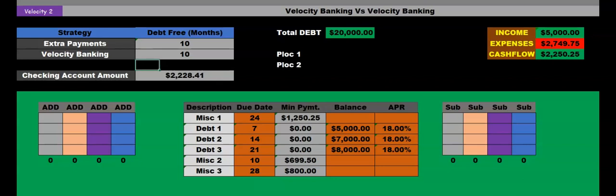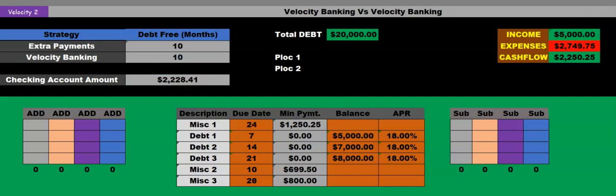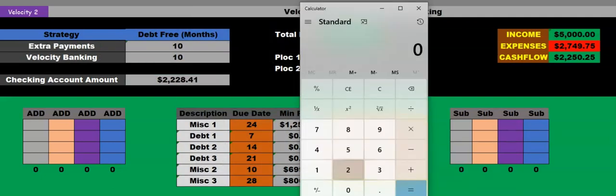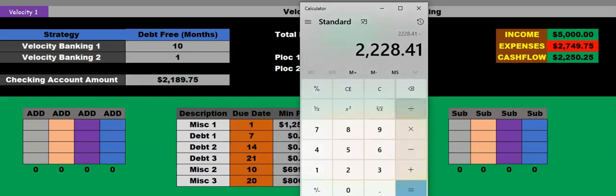Okay, let's compare that with the other one. We had $2,189.75. So we'll take the $2,228.41 and we'll subtract the $2,189.75.